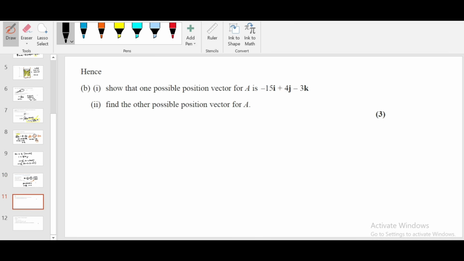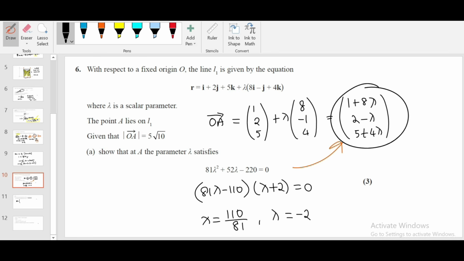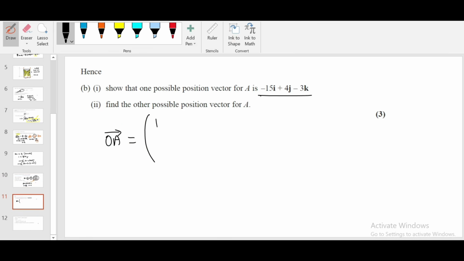They want us to show that one of the position vectors is this. We know the position vector of OA is equal to this one, (1 plus 8 lambda, 2 minus lambda, 5 plus 4 lambda). The values of lambda are 110 over 81 and minus 2. So to get this, you need to sub in minus 2.